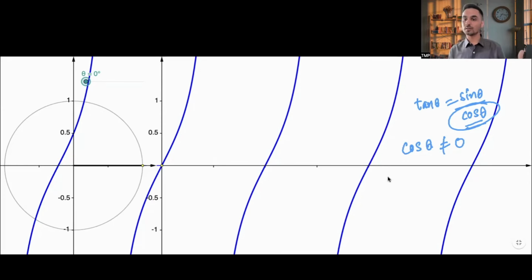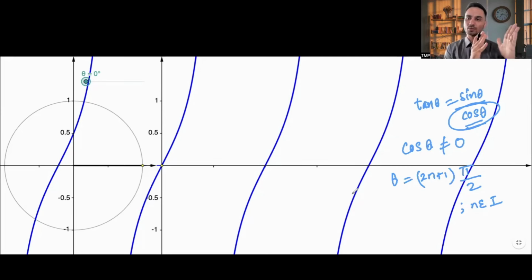And we know that cos theta is 0 when theta is an odd multiple of pi over 2, an odd multiple of 90 degrees. So like 90 degrees, 270 degrees, -90 degrees, -270 degrees. So here I can say that n belongs to integers. So for all these values of theta, tan theta is not possible or undefined.